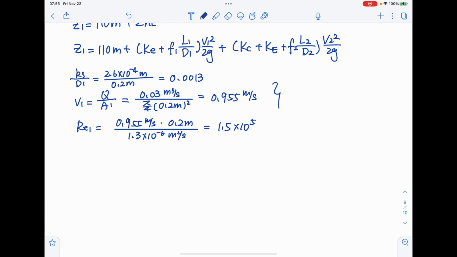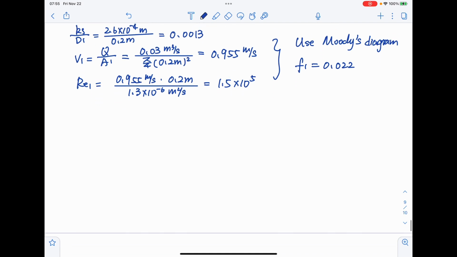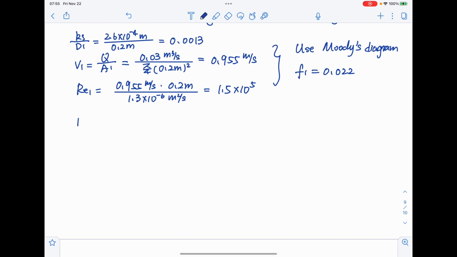Okay. With all this information, use the Moody diagram. We'll find f1 equals 0.022. Okay, and for pipe 2, we'll do a similar thing.